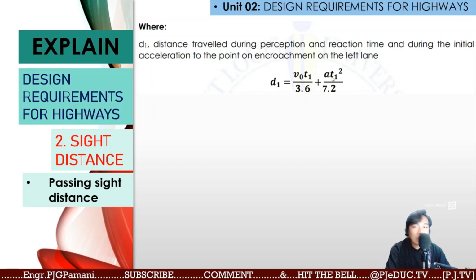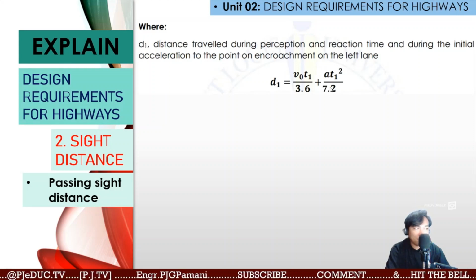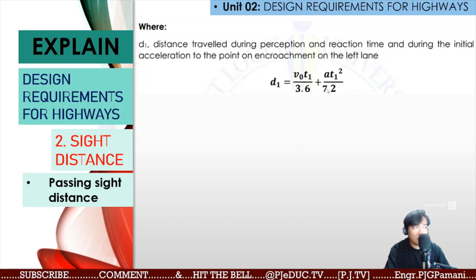Plus the acceleration times T1 squared, yung reaction time mo yan, all over 7.2. Mali yung nasa module, pakipalitan po yung 2, that's supposed to be 7.2. Kasi na-distribute yung 1 over 3.6. Dapat 7.2 yun. Okay? So, V0T1 over 3.6 plus AT1 squared over 7.2.